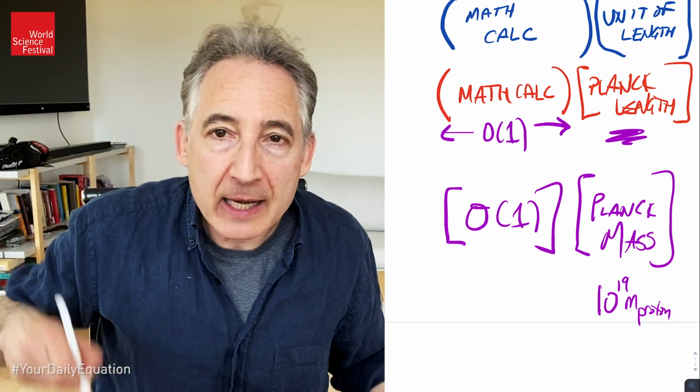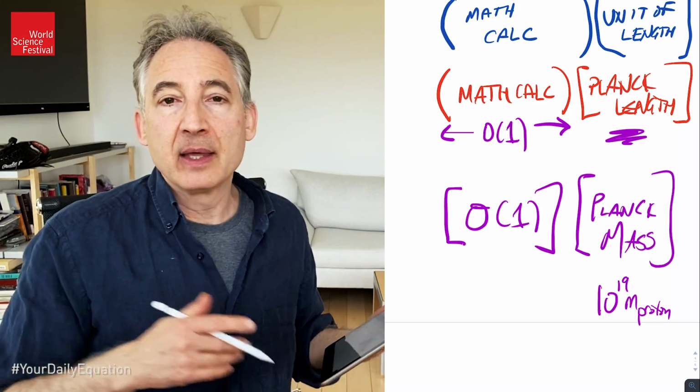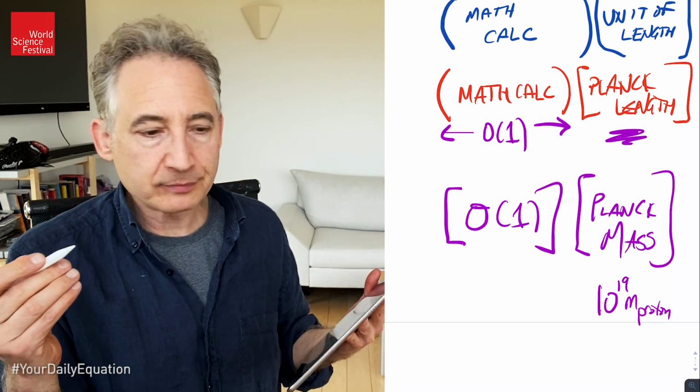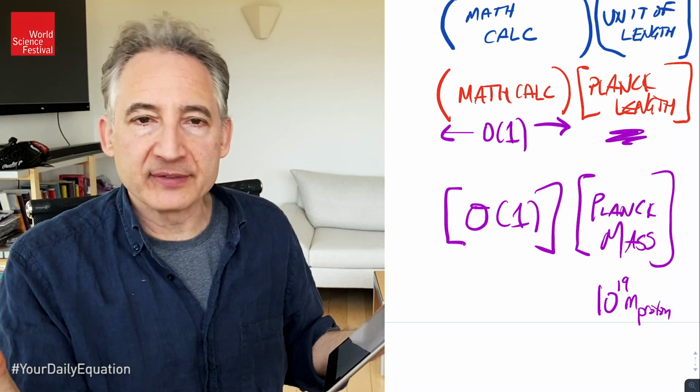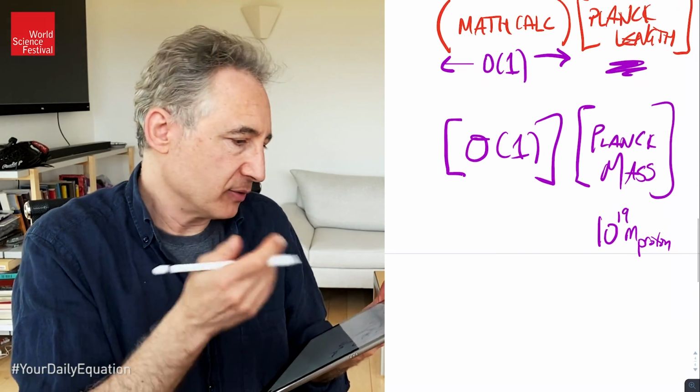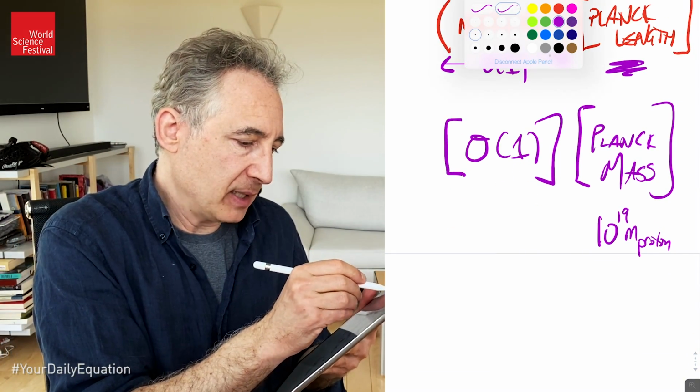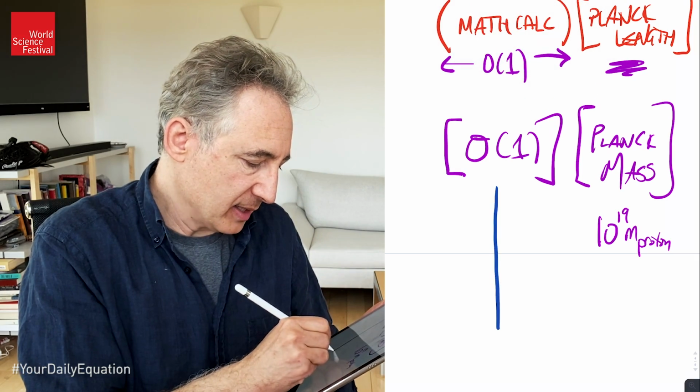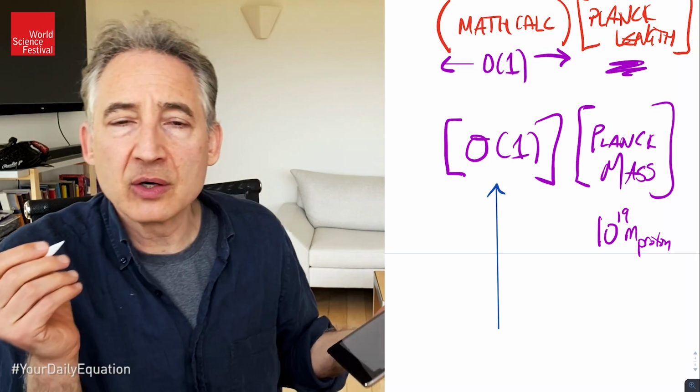Now look, it's not impossible, just to finish this up, that if you're very clever, you can do some calculation within string theory that might yield a number in this slot that isn't order 1.